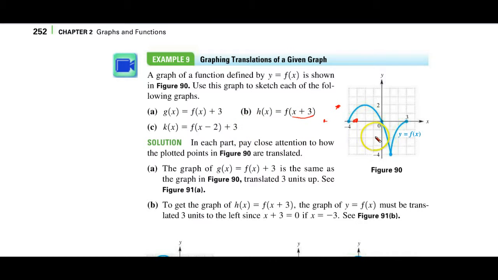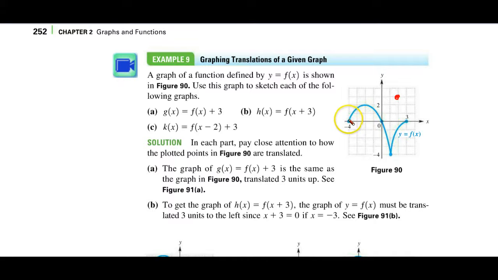And this one, compared to this original, is going to be up 3, but over a +2. Let me show you that one too. So this one, let's use our point right here. This is where it was originally. We're going to shift it up 1, 2, 3, but now we're going to shift this point over 2.